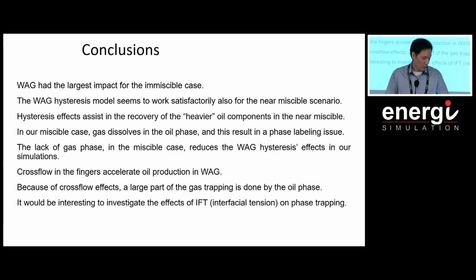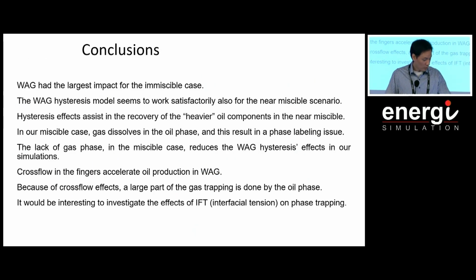And in our miscible case, because of what may be some labeling issues, we don't see a lot of effects by using the hysteresis model. That can happen, of course, if our model would identify the CO2 oil system as gas for lower saturations or lower concentrations of CO2, then we could see an effect. Or maybe we need to upgrade the model to consider composition instead of just phase saturations.